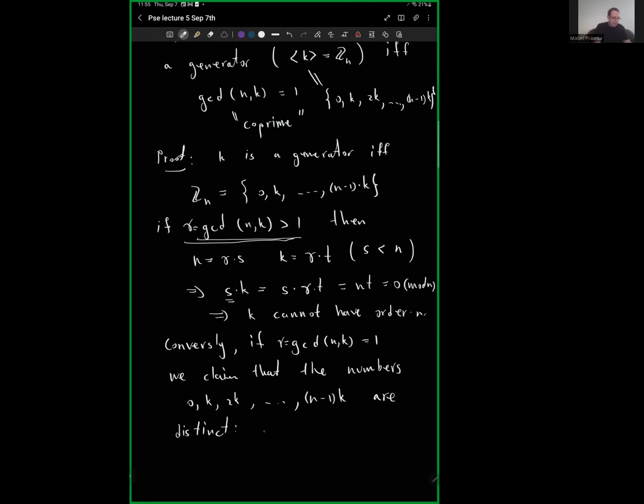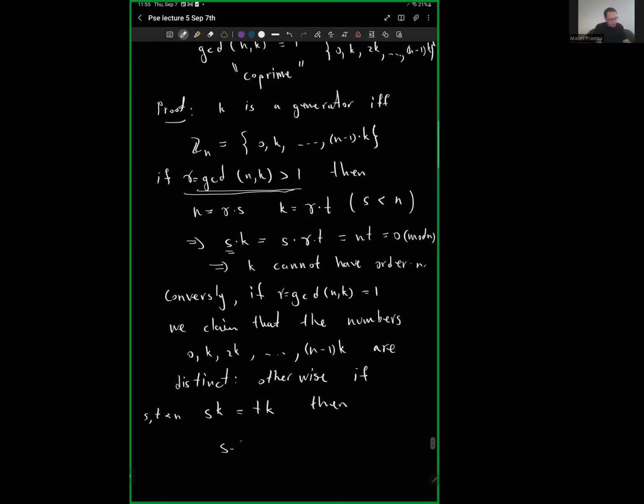Well, otherwise, let's say that sk is equal to tk for some s and t smaller than n. Then (s minus t) k is equal to nx.